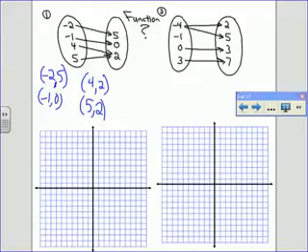So -2, the output is 5. -1, the output is 0. 4, the output is 2. And 5.